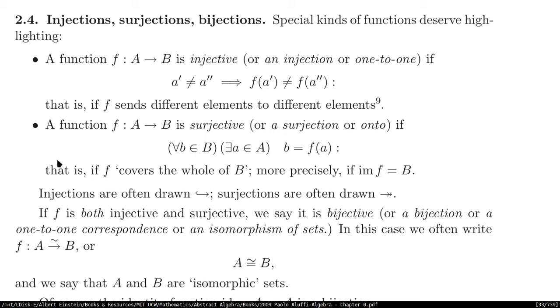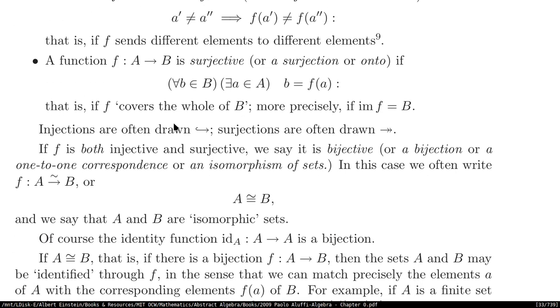So you have a complete one-to-one correspondence from each element to another element, right? It's the ideal kind of correspondence you want between two sets. Every element is mapped to something, and they're mapped to precisely one thing.